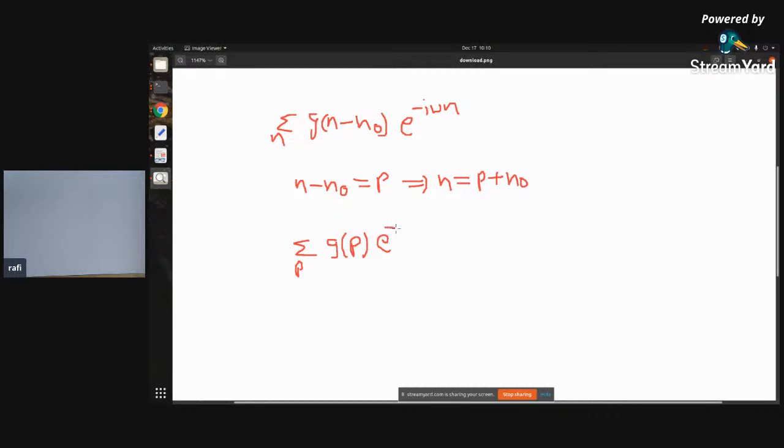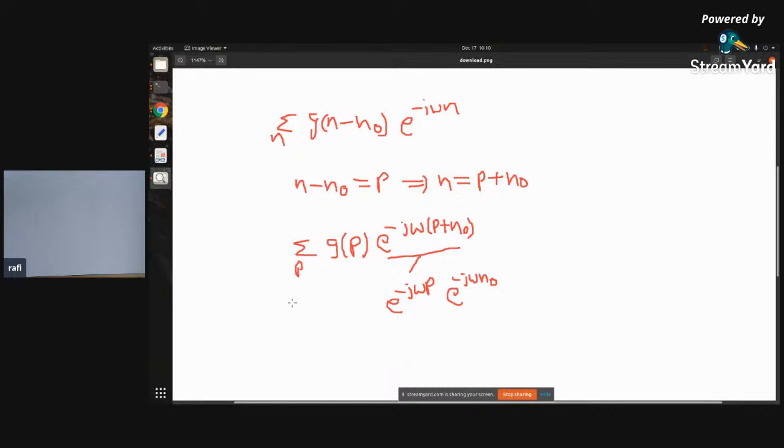e power minus j omega, and in the place of n, it is p plus n naught. How will you write this one? Into two terms: e power minus j omega p into e power minus j omega n naught.